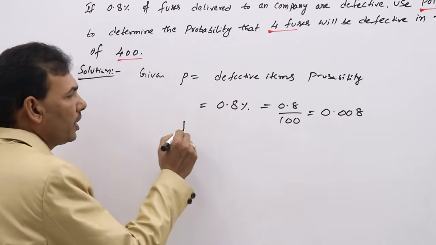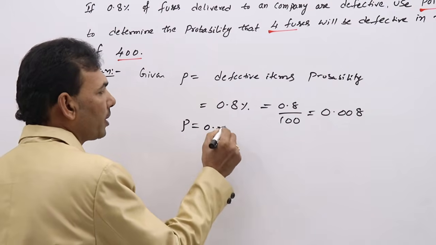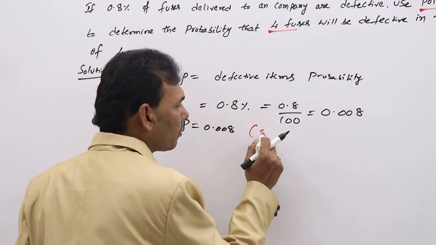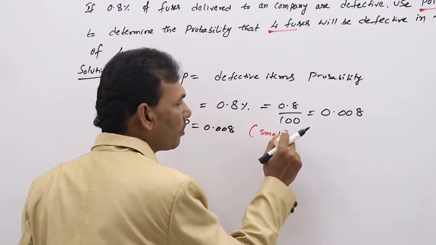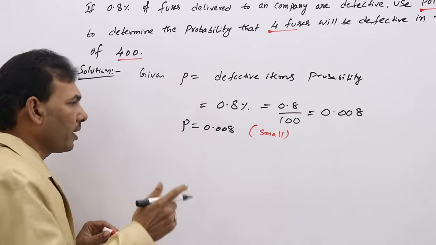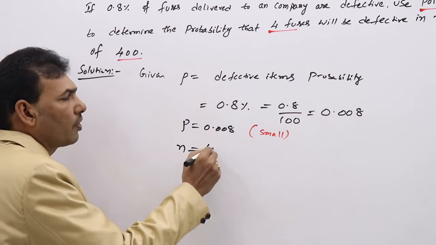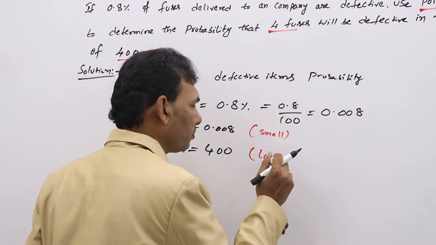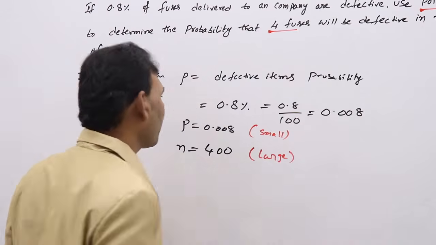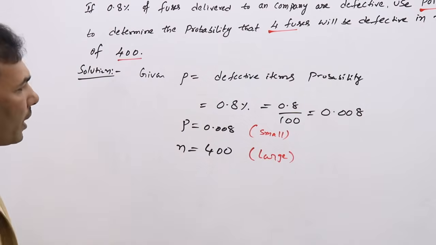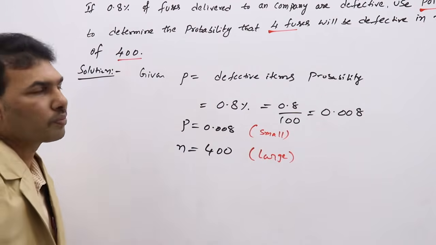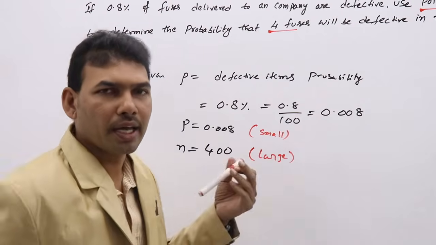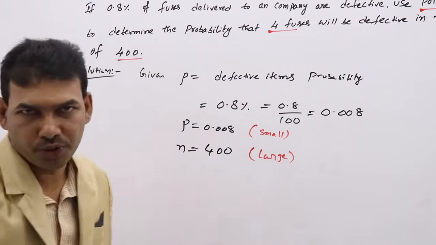So here p is 0.008, which is a very small value, and n is given 400, which is a large value. Whenever p is small and n is large, binomial distribution tends to Poisson distribution.